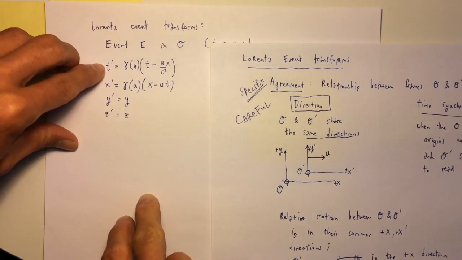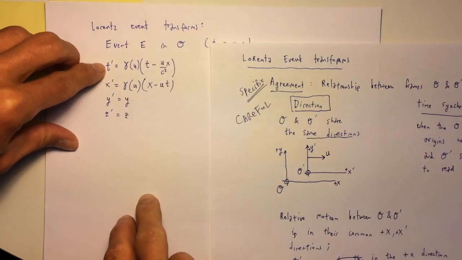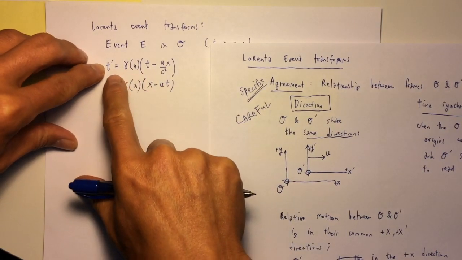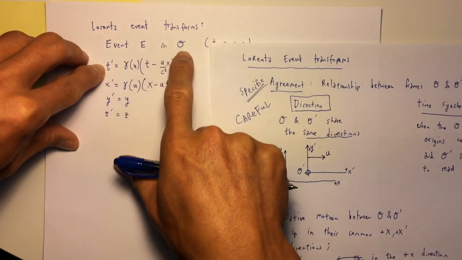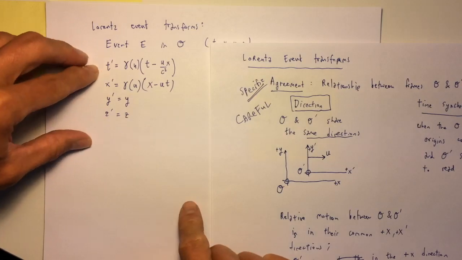T prime is a similar issue. It's fundamentally related to the fact that there is some time dilation and interesting things that happen to time for relative observers, O and O prime.